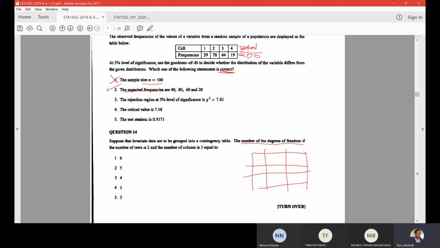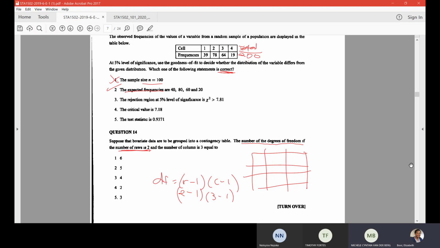For this, the degrees of freedom is given by the number of rows minus 1 times the number of columns minus 1. So if the rows are 2, it will be 2 minus 1, and the columns are 3, it will be 3 minus 1. What will be the degrees of freedom?